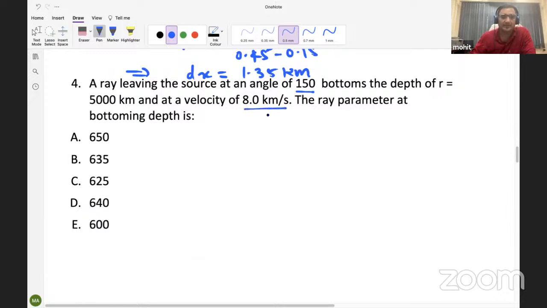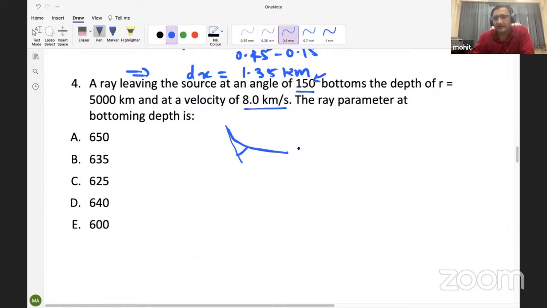The ray parameter at the bottoming depth is. So basically what it is saying is that the ray is leaving the source at some angle that may be, I think this should be 15 degree. So it is 15 degree, and bottoms the depth of r is equal to 5,000 kilometers.